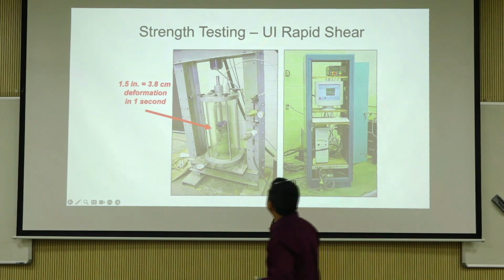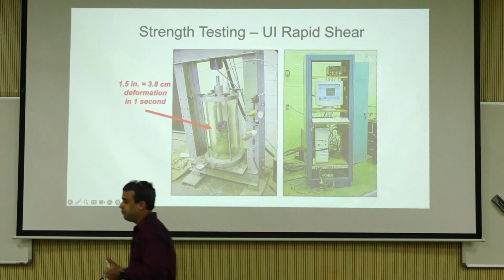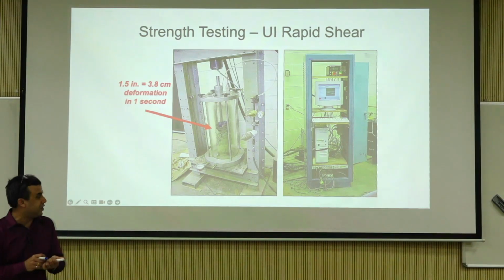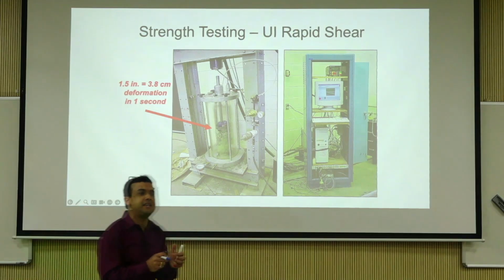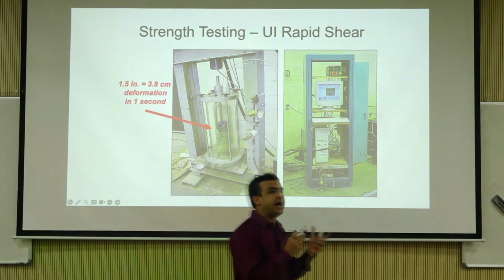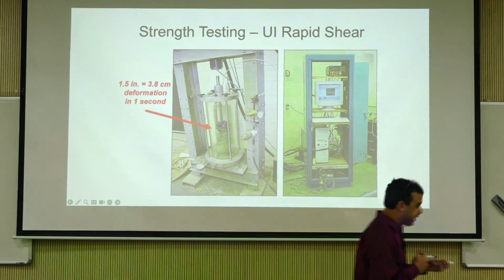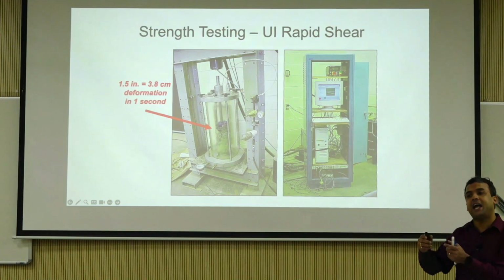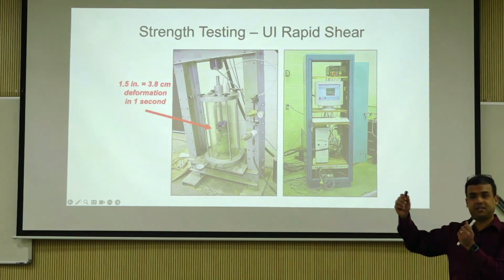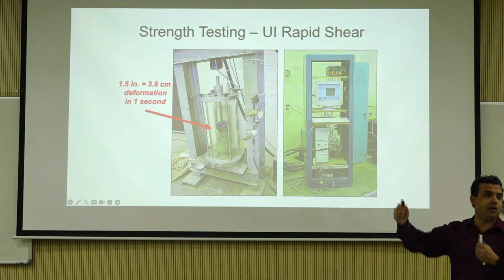But they actually developed something. This is another thing Professor Thompson developed. It's called University of Illinois Rapid Shear Strength, and there is a reason for that. In typical geotechnical triaxial tests, the strain rates are extremely slow, right? If you're doing a drained test, you're really slow, and sometimes it can become prohibitively slow depending on what you're trying to get.